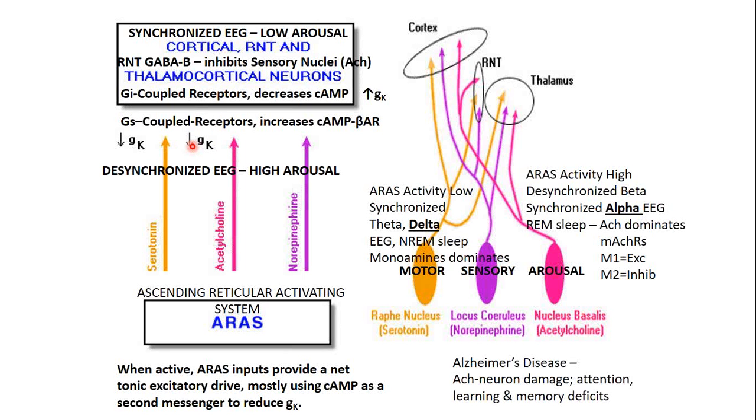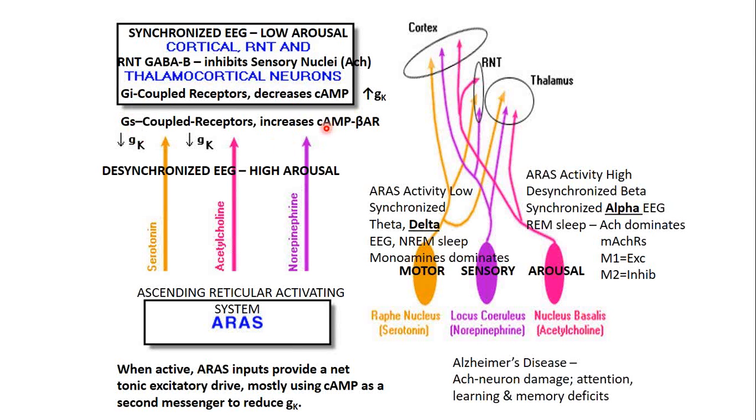What does that mean? That means potassium is accumulating inside the cell to depolarize or excite the cells. Okay? Now, these are receptors that are coupled to G proteins. And there's basically three kinds of G proteins: a GS protein, a GI protein, and a GQ protein. Here we're only going to deal with GS and GI today. The GS protein increases cyclic AMP inside the cells.